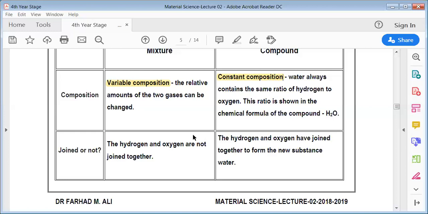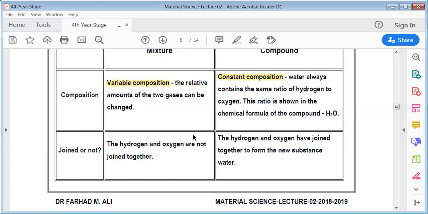Water always contains the same ratio of hydrogen to oxygen. This ratio is shown in the chemical formula of the compound, H2O. Are they joined or not? In a mixture, the hydrogen and oxygen are not joined together. They exist together, but they're not combined with each other.